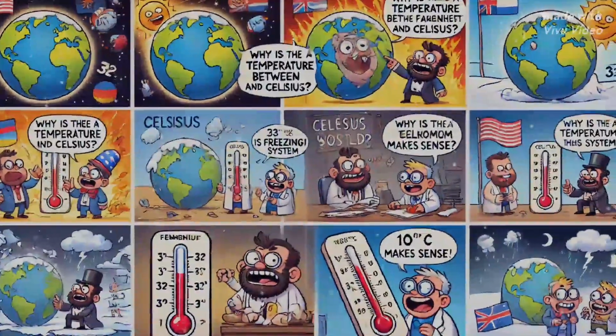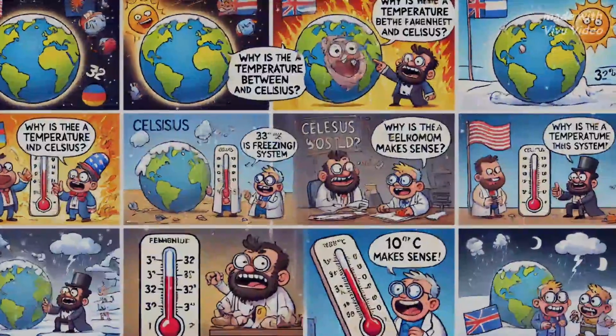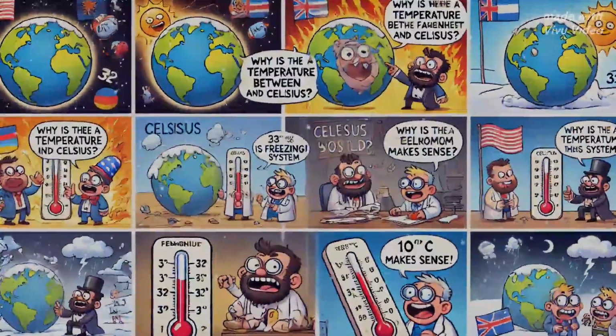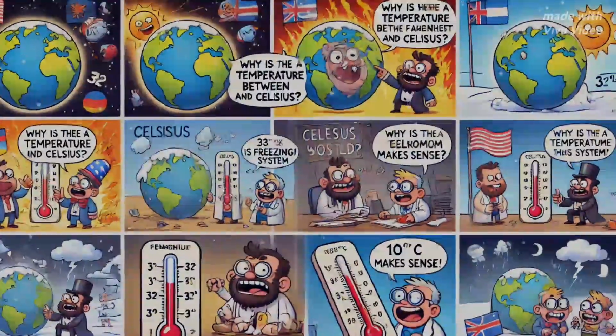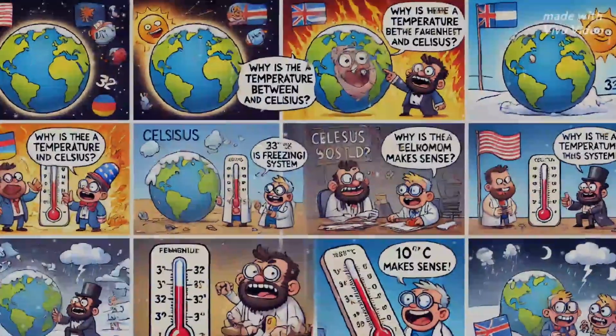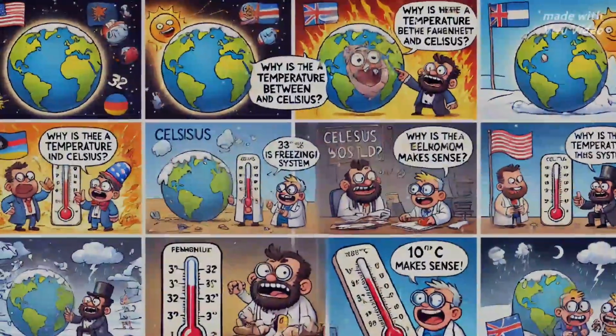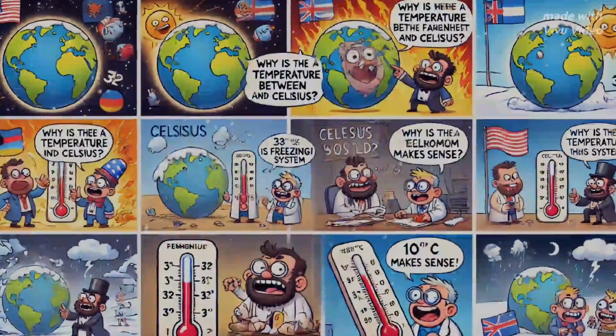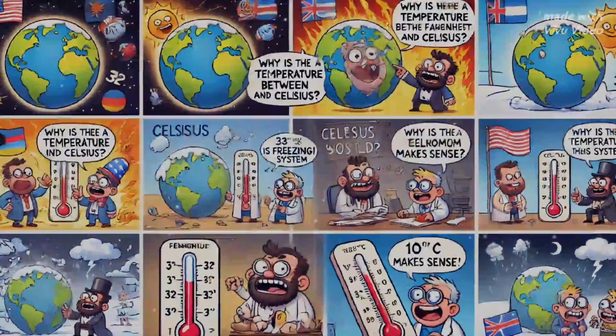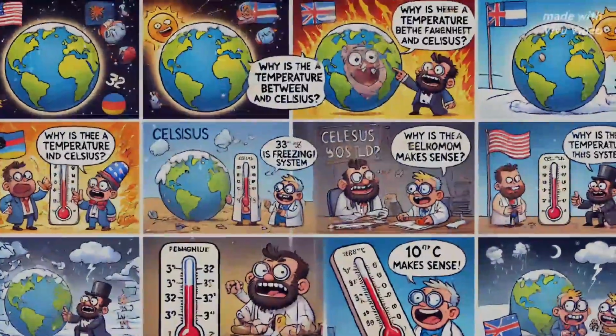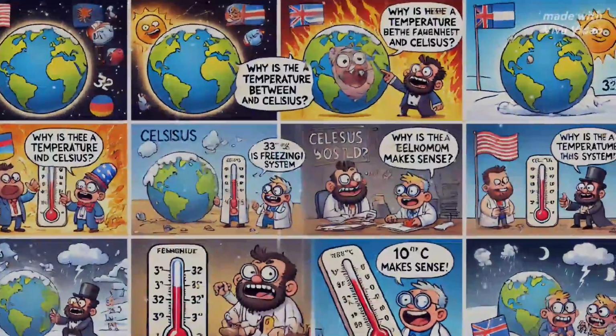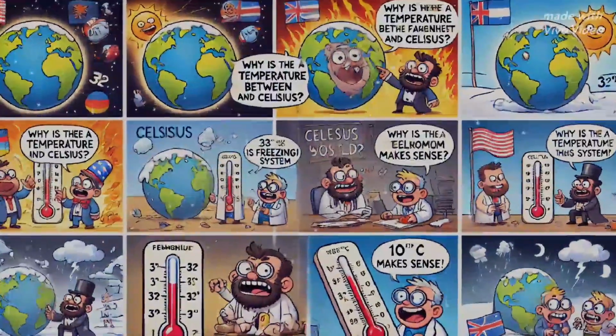You know what's really telling? Manufacturing companies often have to create 2 different versions of their products, one for the US market and one for everyone else. It's estimated that this dual system costs American businesses billions of dollars annually in conversion-related expenses. That's a pretty hefty price tag for sticking to our own system.